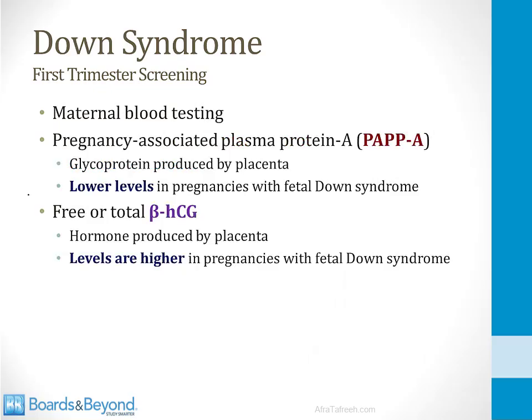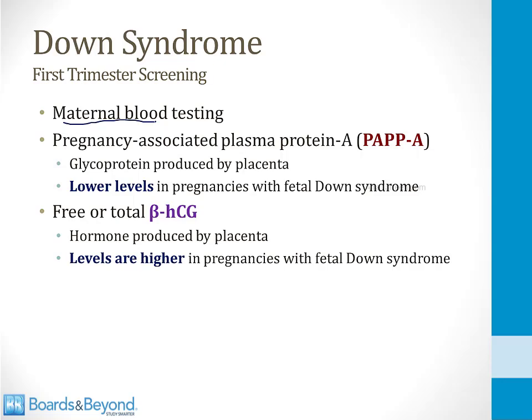In addition to fetal ultrasound, there are several pregnancy-associated substances whose level can be measured in the maternal blood, and if the levels are high or low compared to normal, this can suggest Down syndrome is present in the fetus. There are different substances that are associated with Down syndrome in the first trimester and the second trimester.